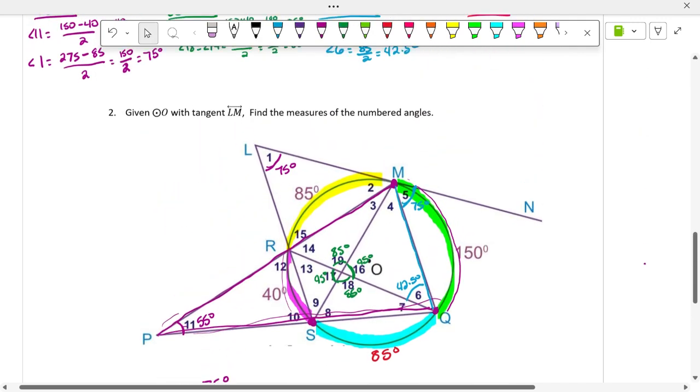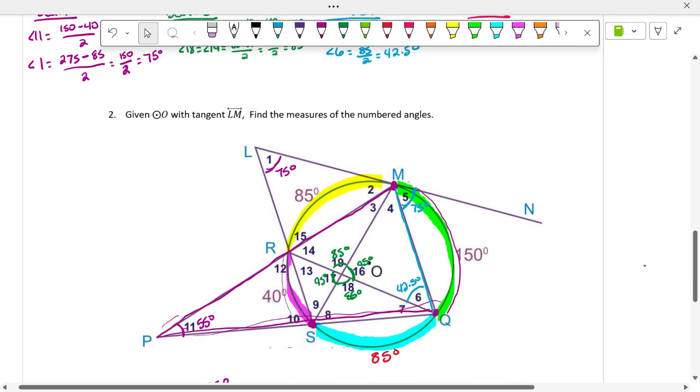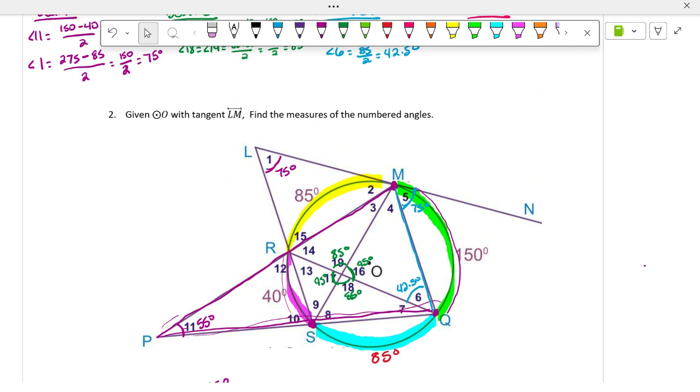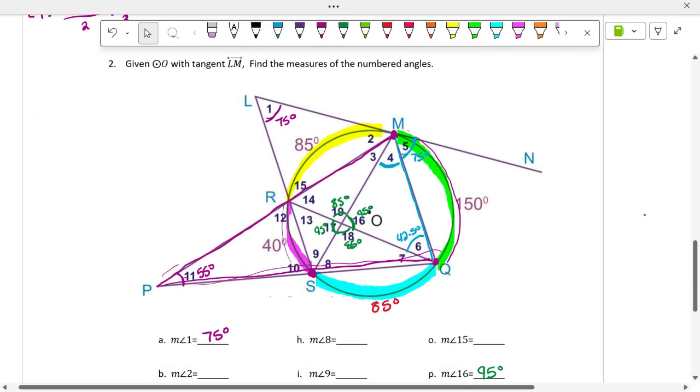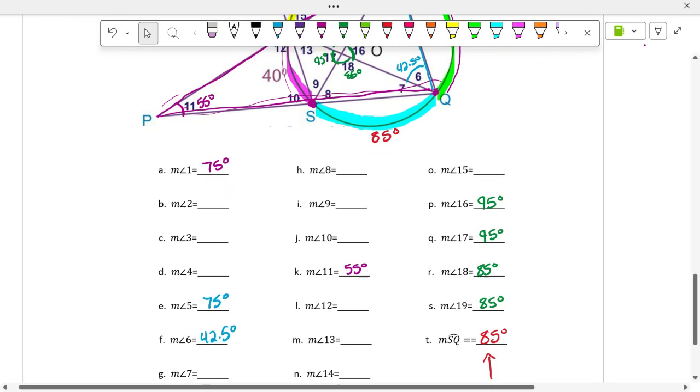All right. What's another inscribed angle? Hunter. 4 is. What's the angle that it intersects? 85. So it's going to be the same thing as 6. So this will be 42.5 degrees. That's angle 4.